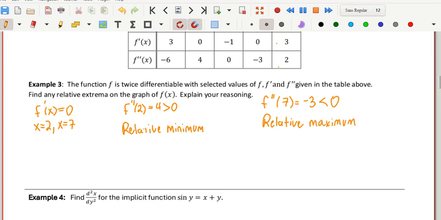Go ahead and write the rest of these sentences following the lead of what you see up above.